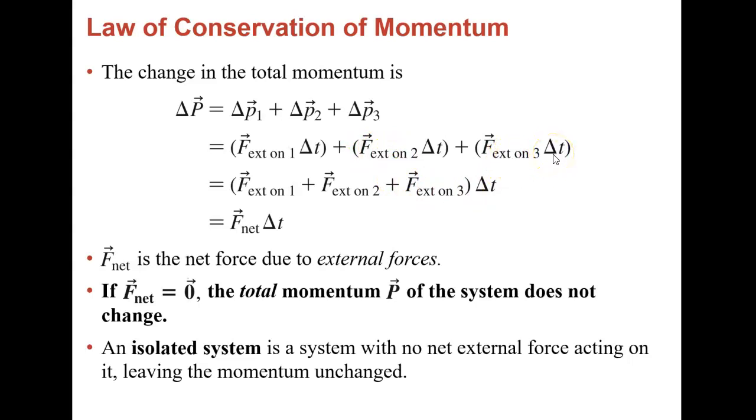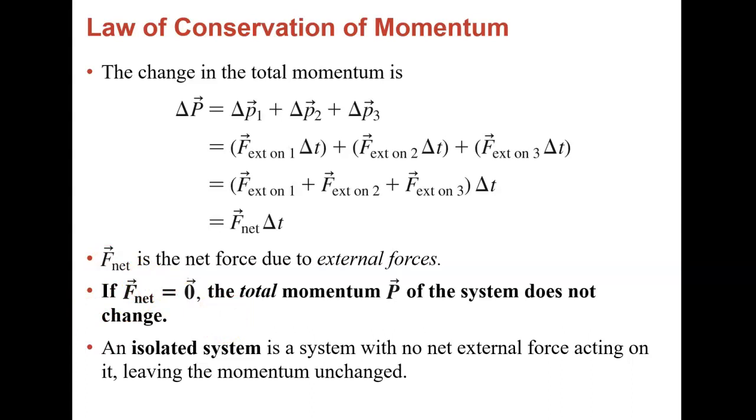We're assuming that if they're all interacting, the time interval remains consistent. So then you have F net times the total time, where F net is the net force due to external forces. If F net is 0, the total momentum of the system does not change.